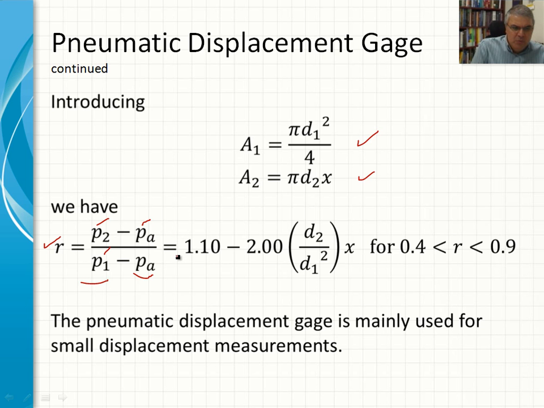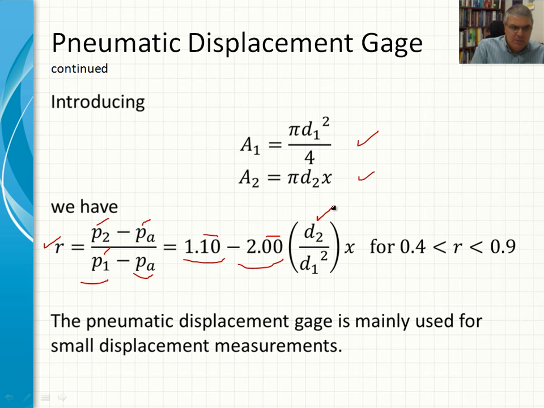Then we also have our measurements from the test. In this case, as we've just seen, it's 1.1 minus 2.00. Note that I'm keeping these digits to keep the accuracy and be consistent when I am discussing the pneumatic displacement gauge, because the displacement could be measured with certain accuracy.